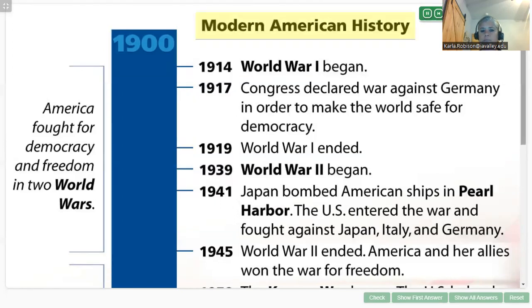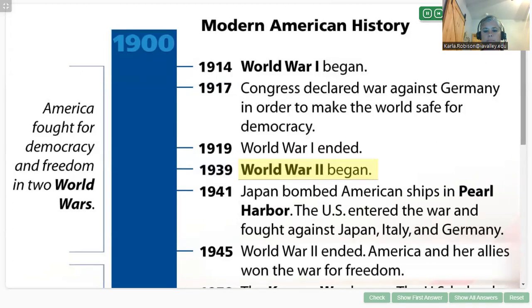Modern American History. 1900. America fought for democracy and freedom in 2 world wars. 1914. World War I began. 1917. Congress declared war against Germany in order to make the world safe for democracy. 1919. World War I ended. 1939.